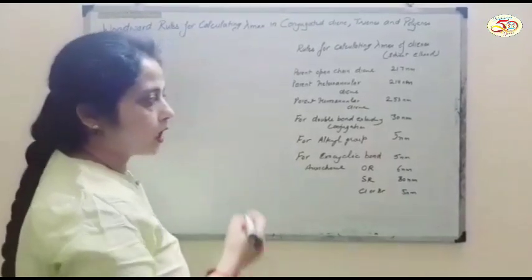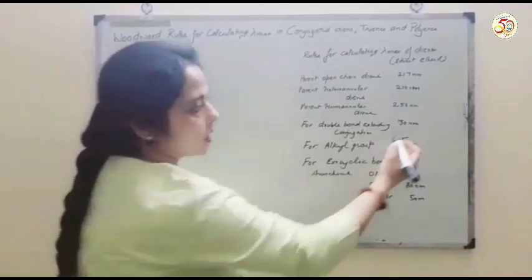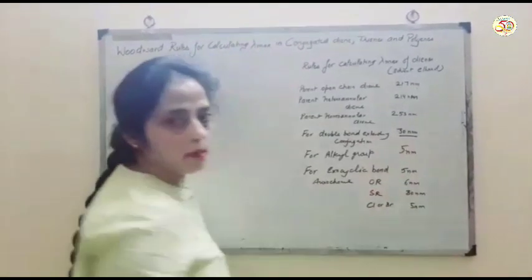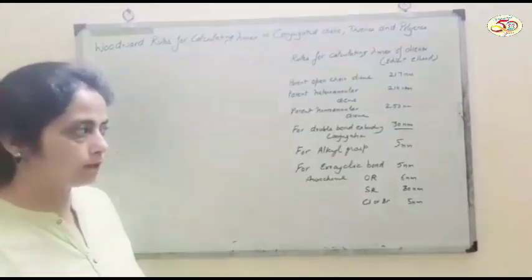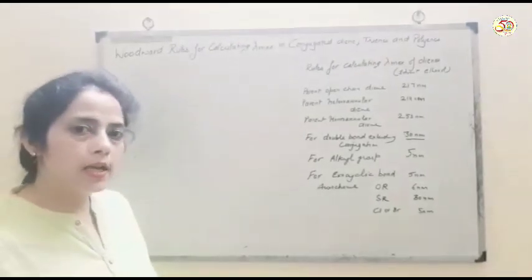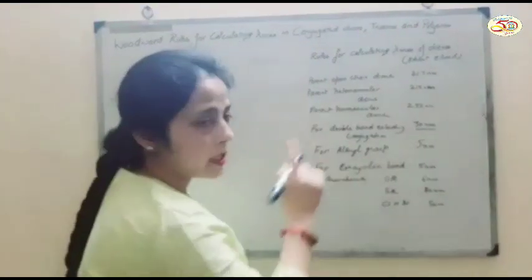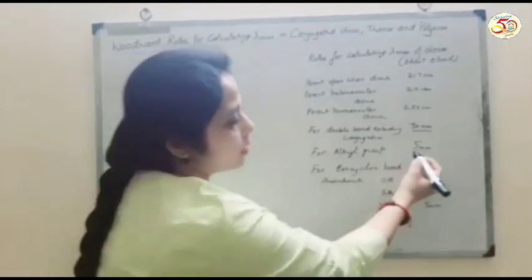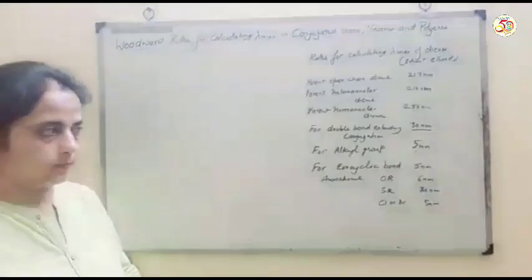For each double bond extending the conjugation, the value added is 30 nanometer. If there is a substituent on the parent diene molecule, for example an alkyl group, then for each alkyl group, the value added is 5 nanometer to the basic value of lambda max.